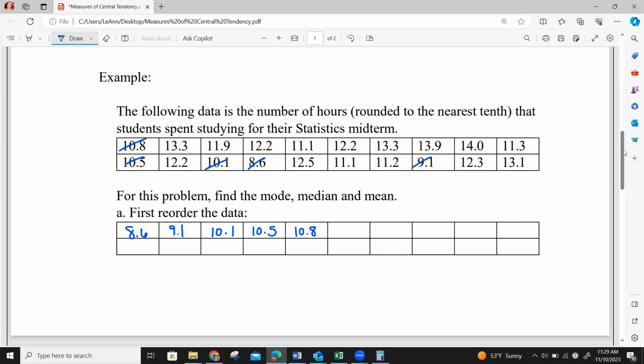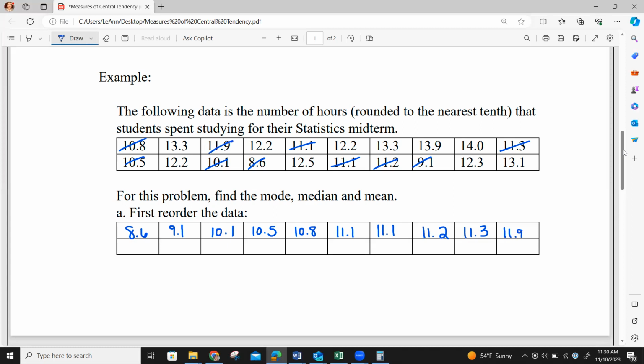We have no 11.0, but we do have 11.1, not once, but twice. We have 11.2. We have an 11.3. The only other 11 I see is an 11.9.